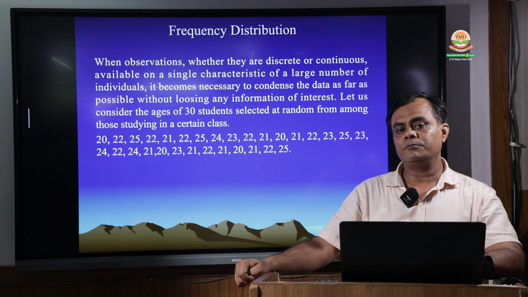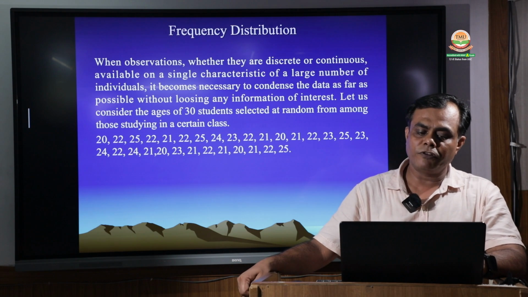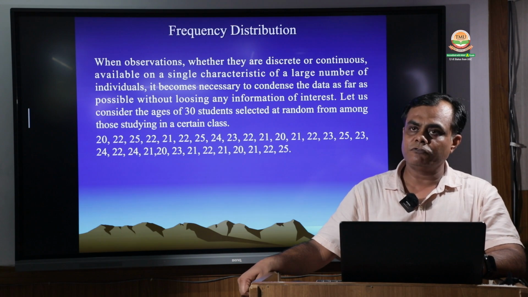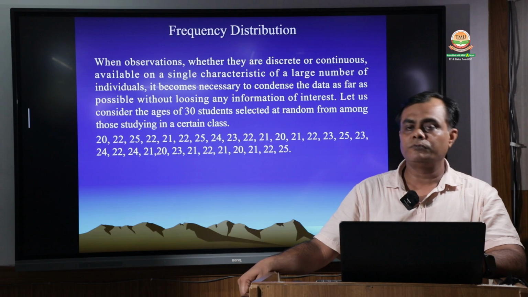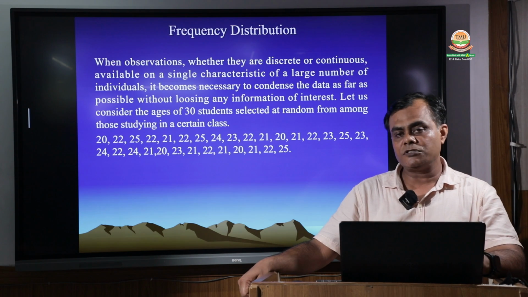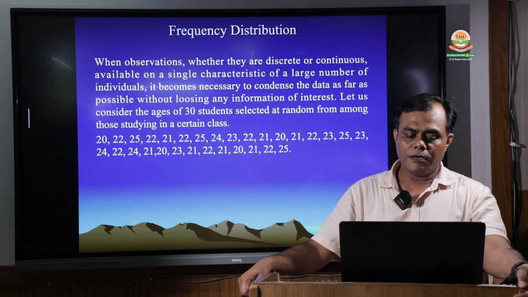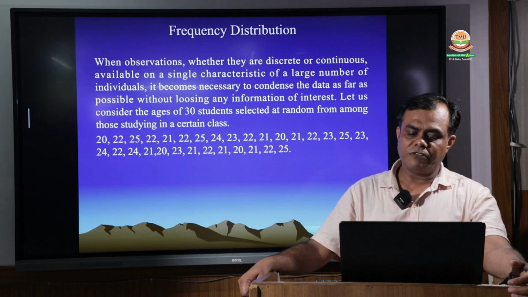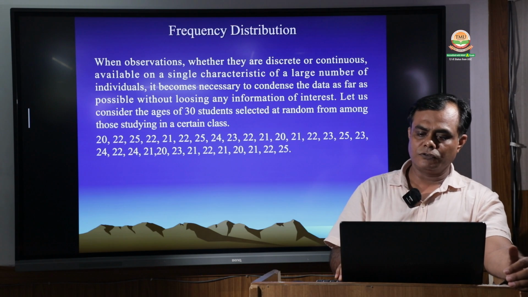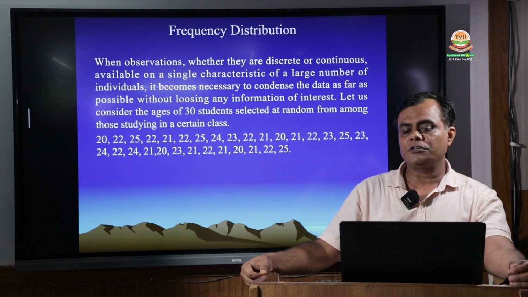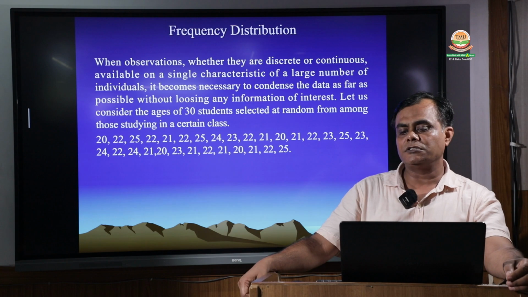The frequency is 4 for the 20 age group, 7 for the 21 age group, 8 for the 22 age group, 4 for the 23 age group, 3 for the 24 age group and 4 for the 25 age group. So, the total frequency is 30.